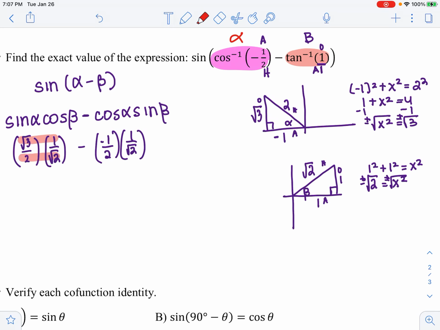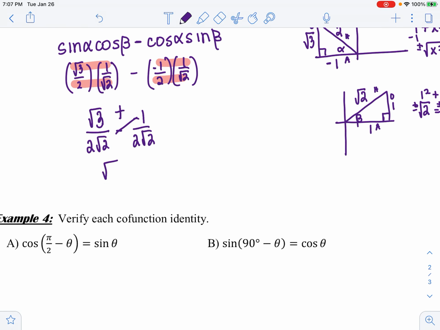Okay, so now I need to simplify this. So I'm going to multiply, and then subtract. So I have root 3 over 2 root 2 minus negative 1 over 2 root 2. It's minus a negative, so I'm going to change it to plus. So now I have root 3 plus 1 over 2 root 2.